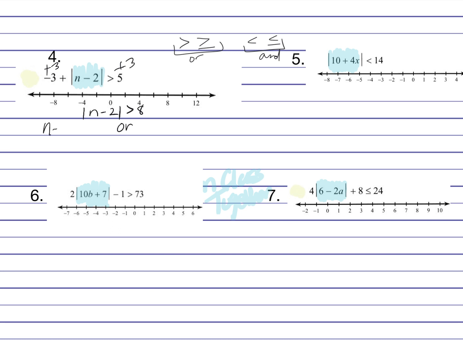Take what's in the absolute value out, greater than positive 8, or take what's in the absolute value out. You put negative 8, and you have to flip the inequality symbol. Now solve, get n alone, add 2 to both sides. N is greater than 10, or add 2 to both sides. N is less than negative 6.